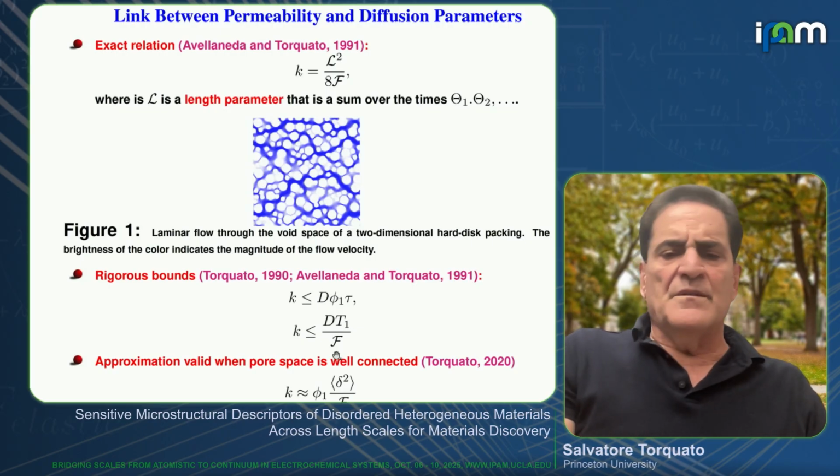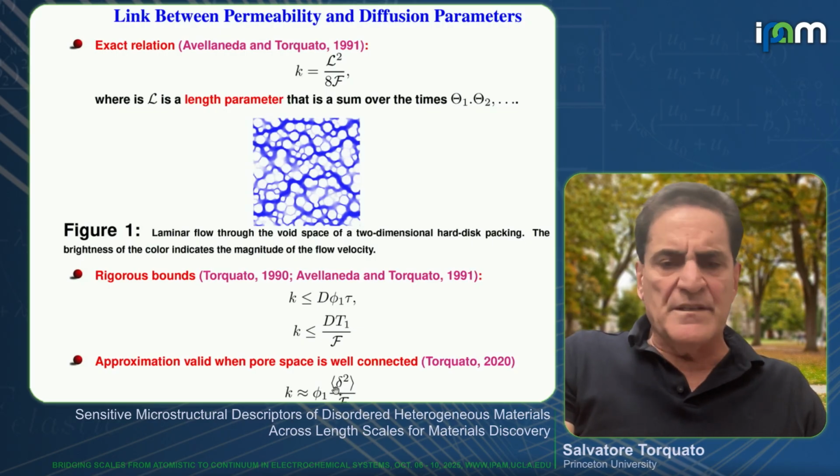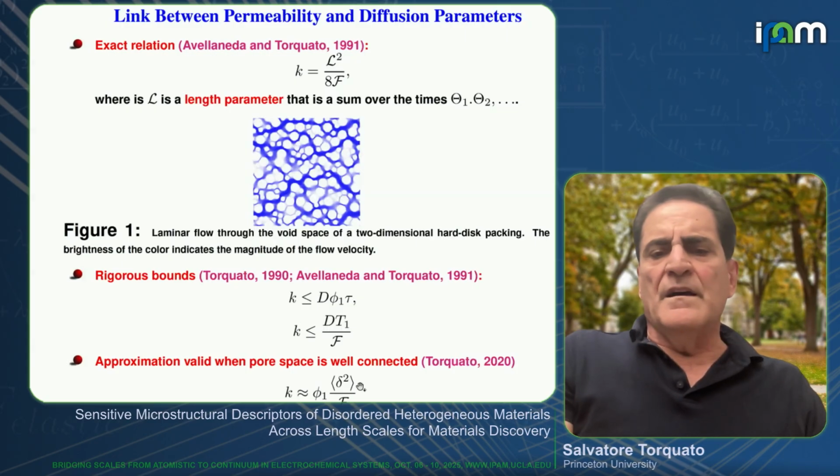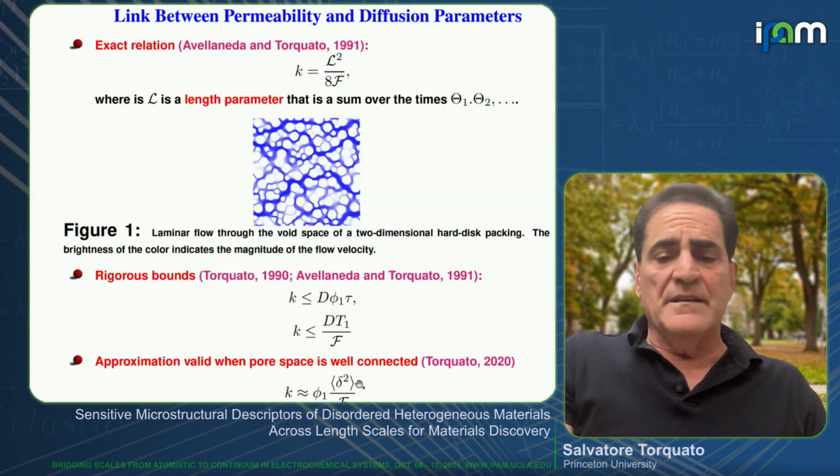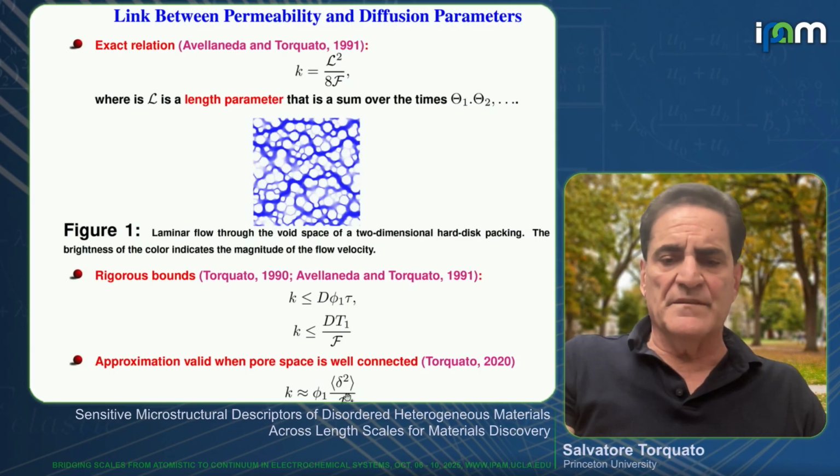Again, these are cross-property relations. So what you're doing is you're using information about one property to say something about another property. And it turns out you could also come up with approximations that are based upon the second moment of the pore size and the formation factor.